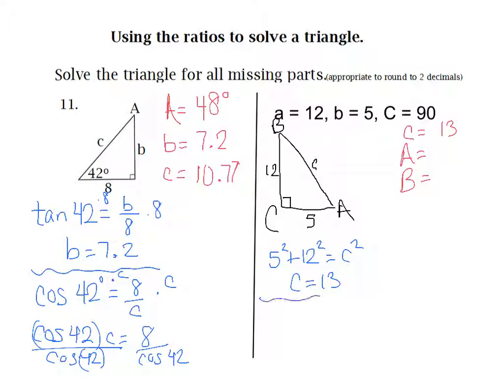When I set it up, I'm going to write the tangent of angle A is equal to opposite over adjacent. And this is new to us to have to find the angle measurement instead of having to find one of the sides.